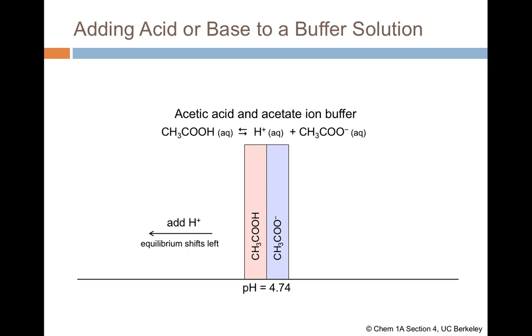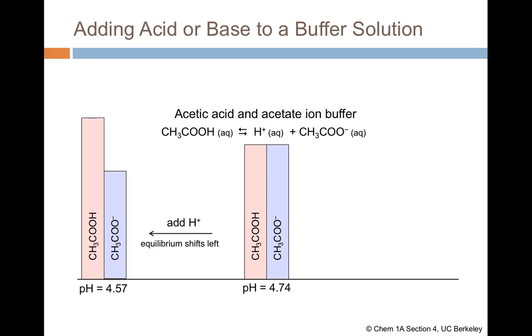Sure, you add a little bit of H+, that's adding a product and so shifts the equilibrium left towards the reactants. Yes, you will have more acetic acid than before and a little bit less acetate than before, but these are small changes on top of large initial concentrations, so the pH is about the same.